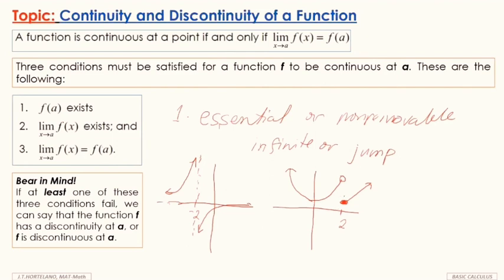As you notice, jump discontinuity occurs whenever the graph of the function terminates at one point, na-stop dito, and jumps at another point. So halimbawa, simula dito, from extreme right, papunta dito sa baba. So na-stop na dito. Then, ang nangyari, nag-jump doon. Okay?